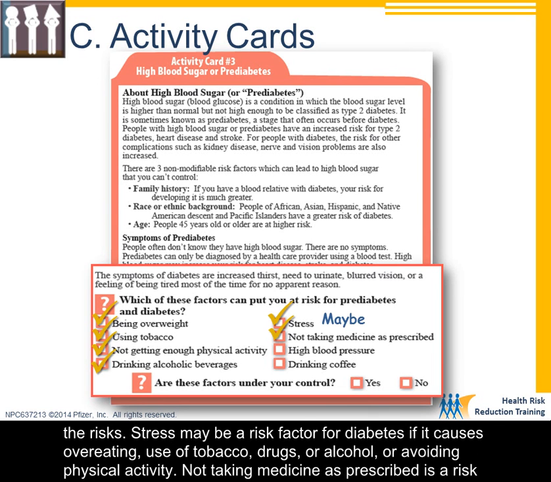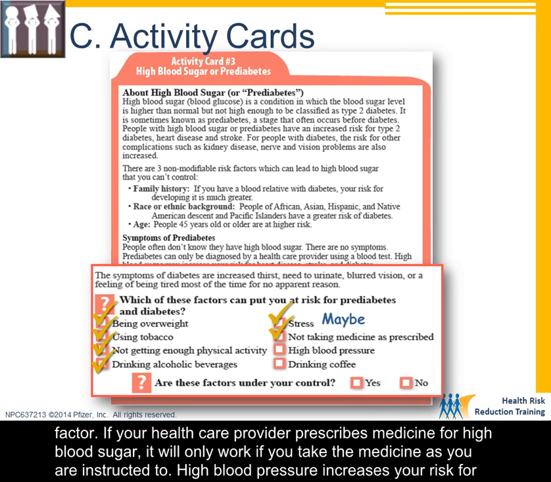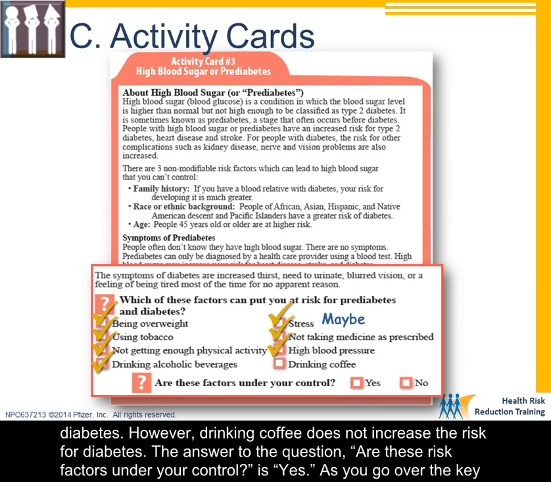Not taking medicine as prescribed is a risk factor. If your healthcare provider prescribes medicine for high blood sugar, it will only work if you take the medicine as you're instructed to. High blood pressure increases your risk for diabetes. However, drinking coffee does not increase the risk for diabetes.